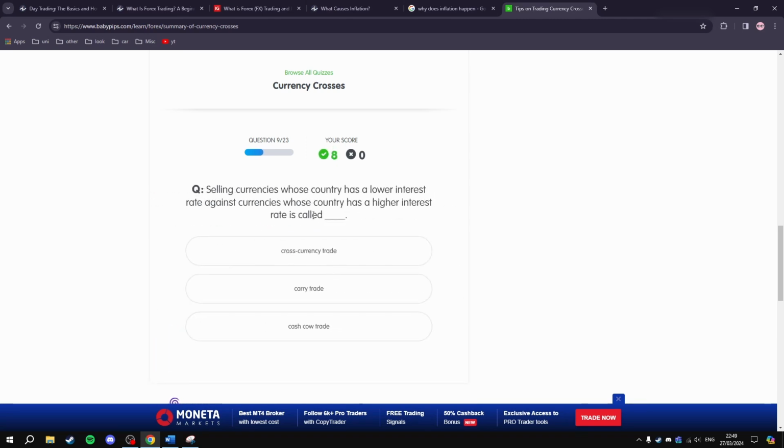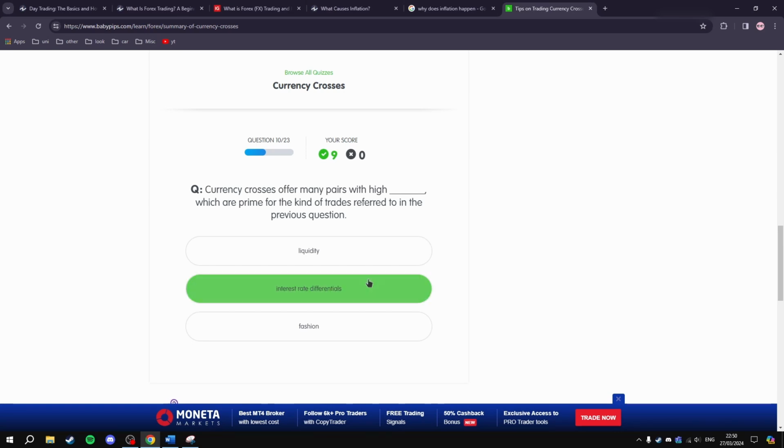Selling currencies whose country has the lowest interest rate against currencies whose country has the highest interest rate is called carry trade. Currency crosses offer many pairs with high interest rate differentials, which are prime for the kind of trades referred to in the previous question.